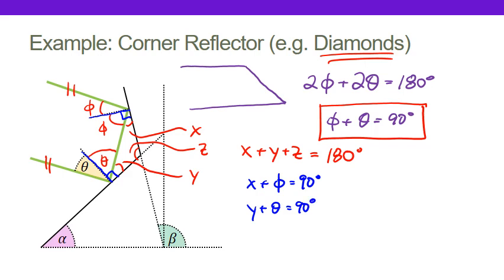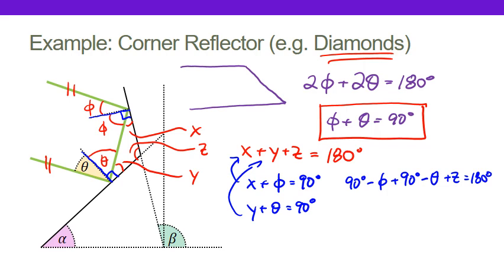And so if we solve these for x and y and plug them into this equation up here, x goes there, y goes there. What I'm going to get is an equation that says 90 minus phi plus 90 minus theta plus z equals 180 degrees.